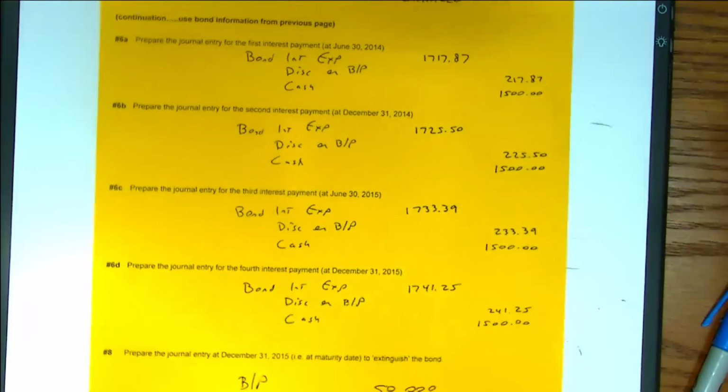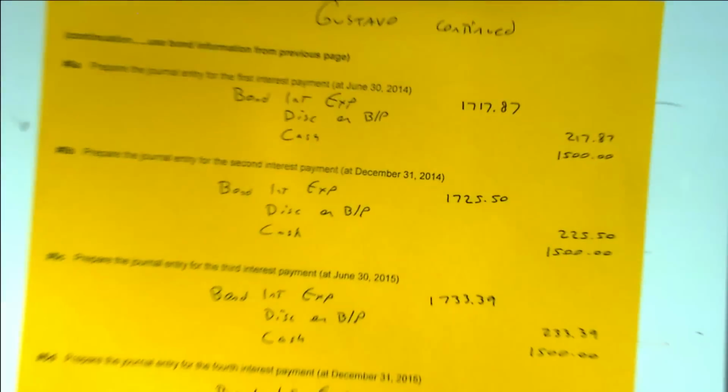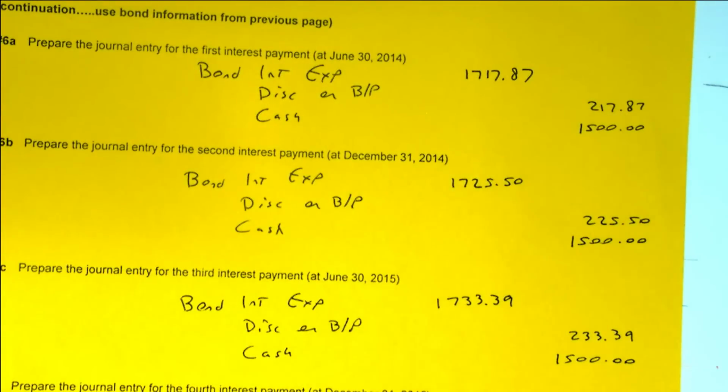Let's take a look at the second page for those of you who got to it. Well, I'll show you the top part first. And of course, you make this from your amortization table, right? Anybody get those? Verify those? Okay.